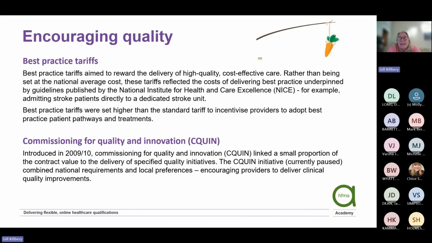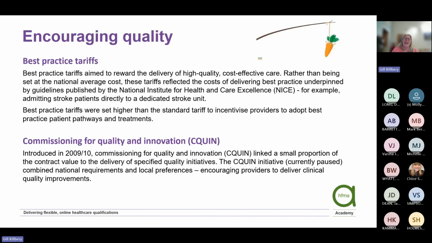So there are best practice tariffs. These were introduced in 2010-11. So they've been around a long time, but there's more and more coming in each year. Things like that movement from inpatient to day case, or from day case to outpatient. You'll get more money for doing it in what is considered to be the best way.